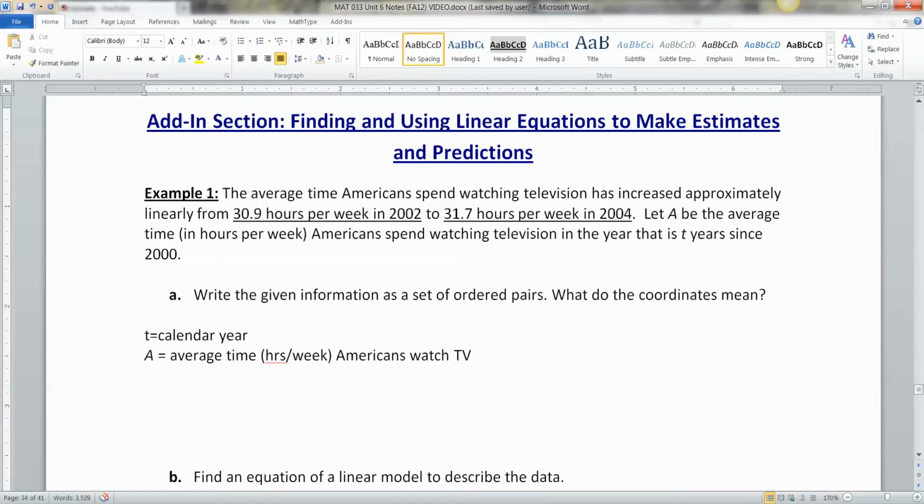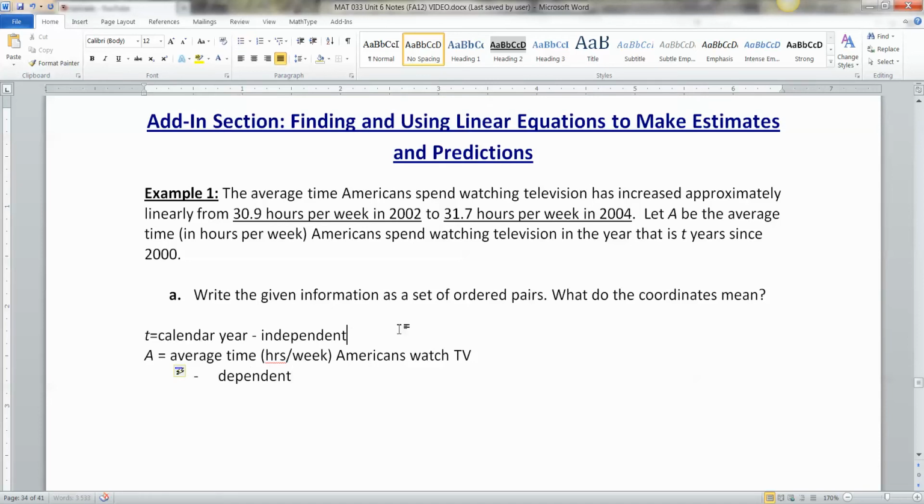Okay? So which one of those is independent, which one is dependent? Well, like most things, calendar year is independent, right? Calendar year is not something we can really affect. So it tends to be independent because it keeps marching on without us. And then the A is the dependent, like your Y.